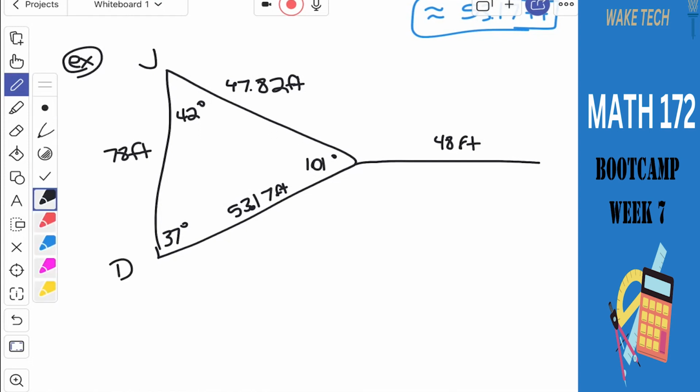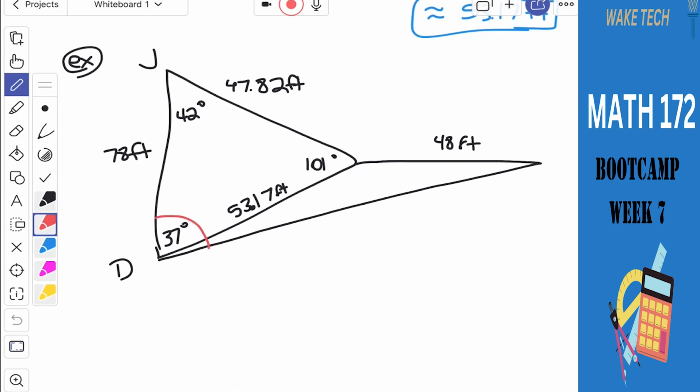I guess I'll keep it in black. But this new angle is north 75 degrees east. So that means starting from the north, turn towards the east by 75 degrees, and that's what we did.